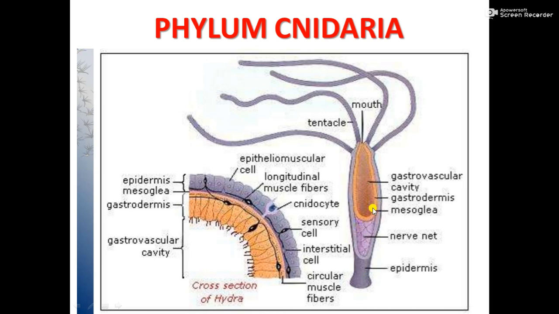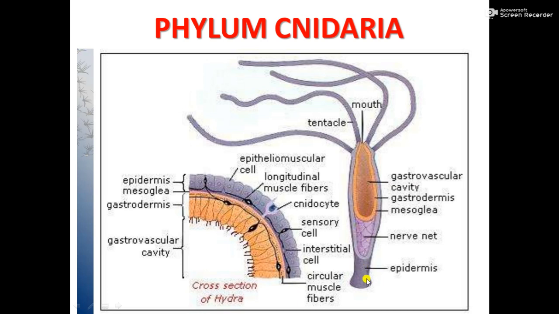Now let us see first from here what the structures are. Of course, the central cavity is there, the gastrovascular cavity, where digestion and circulation take place, and water enters into this.